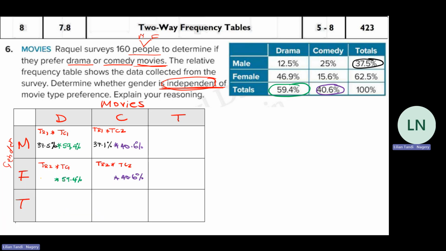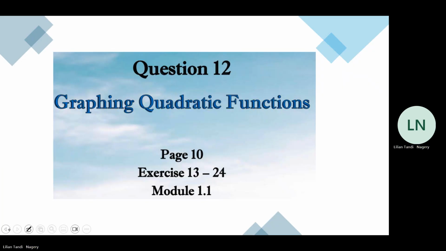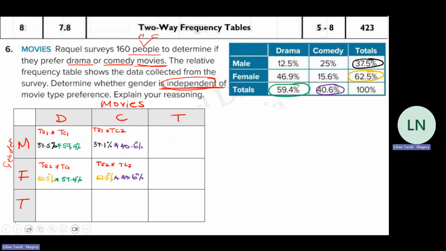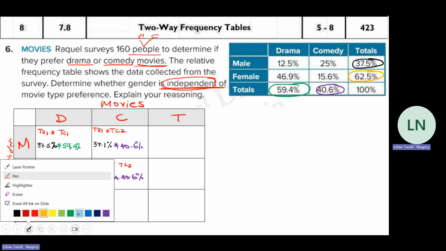Let's use this. Total of row 2, which is this number here. We're going to use 62.5%, and I'm going to also put it here, 62.5%. Now, we need a color. Let's use light blue.